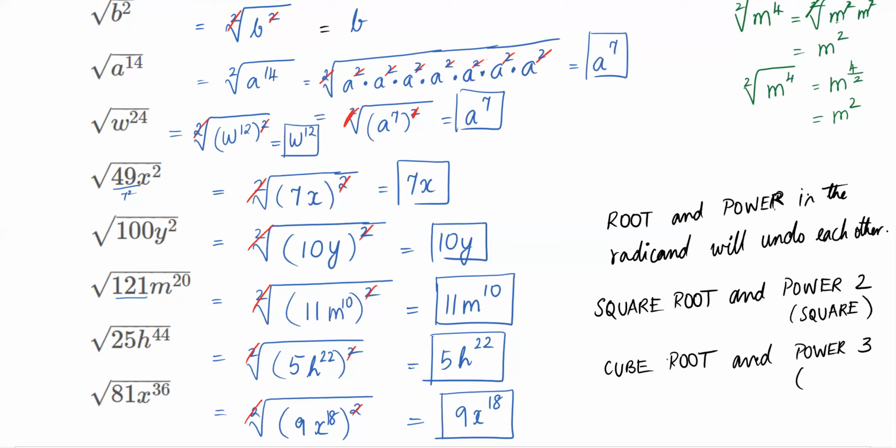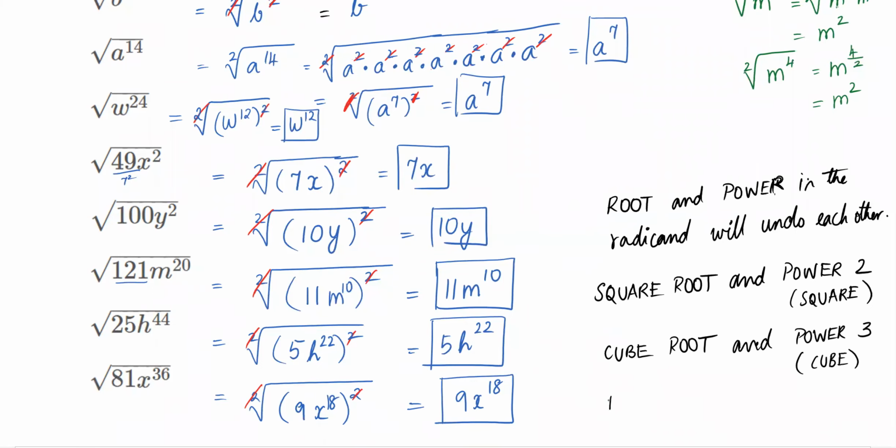The root and the power, matching power. The power here is cube. That's why it gets the name cube root, square root. But when you go to the fourth root, we don't have any special name. So I'll just say, if you are looking at the fourth root and power 4, they will undo each other. There's no special name for this.